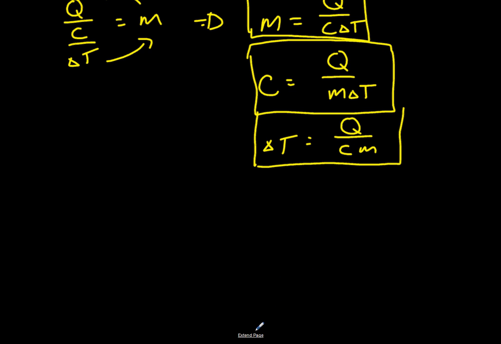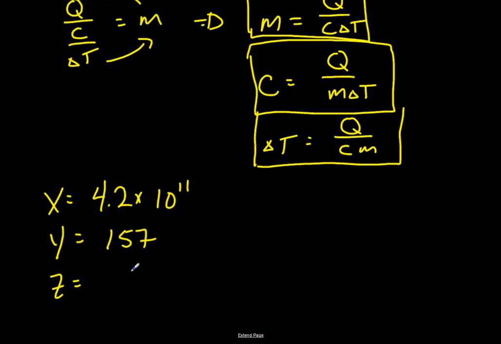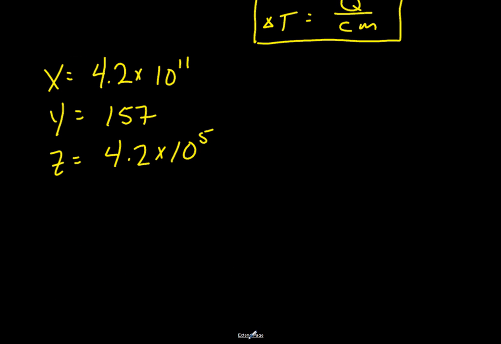Okay? You ready for this? Let's say that x is equal to 4.2 times 10 to the 11. Y is equal to 157. And z is equal to, I don't know. Who knows what these numbers actually really mean?